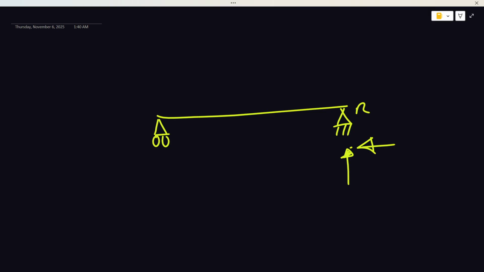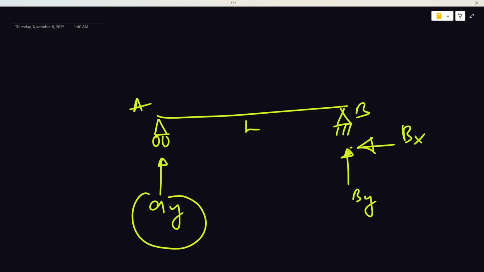That is, if this is B, this is A, so BY, BX. This is L, the length of the beam. Now, a roller support provides 1 restraint, AY. So you can see that this structure is in equilibrium under the action of 3 support reaction forces.